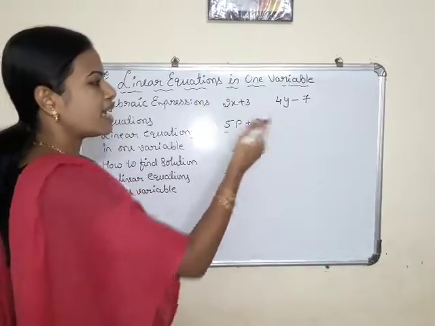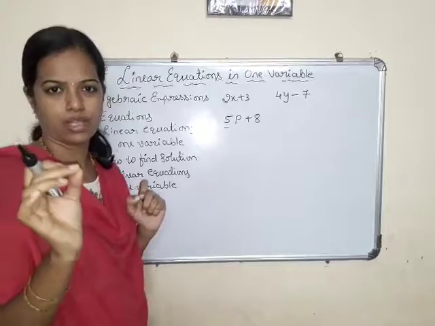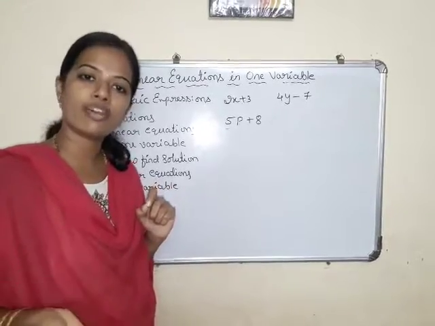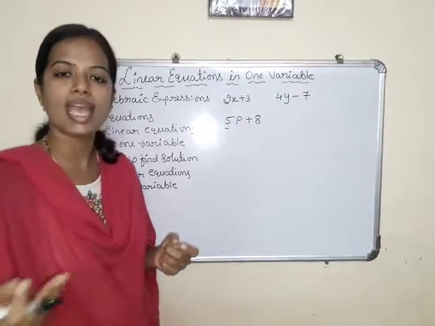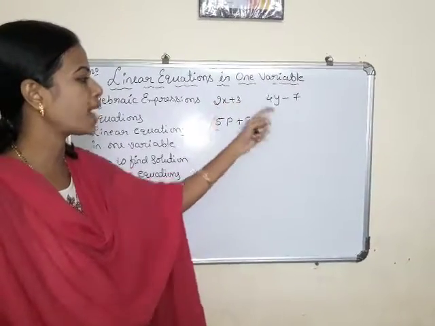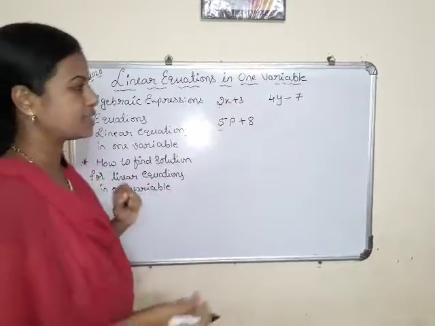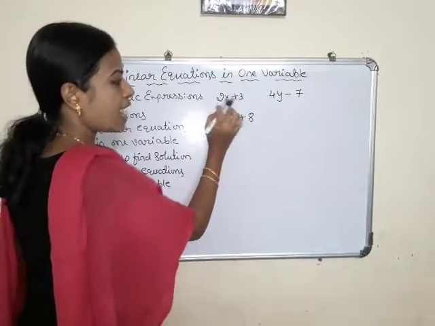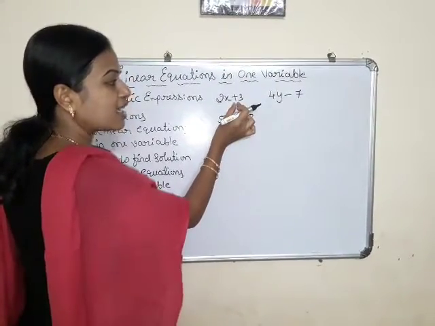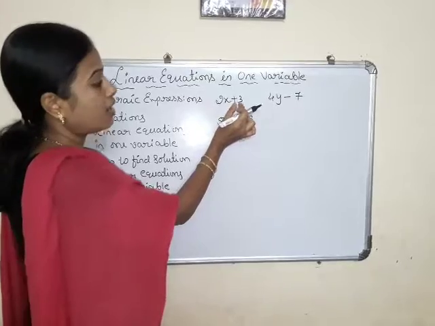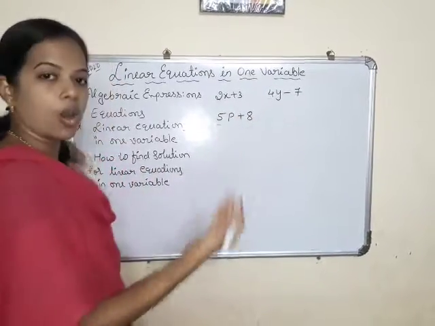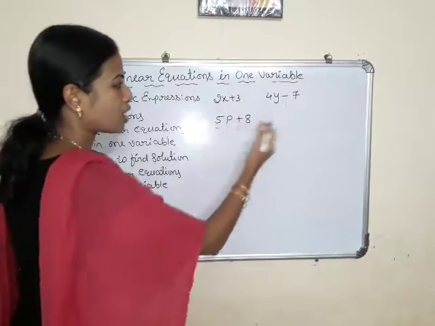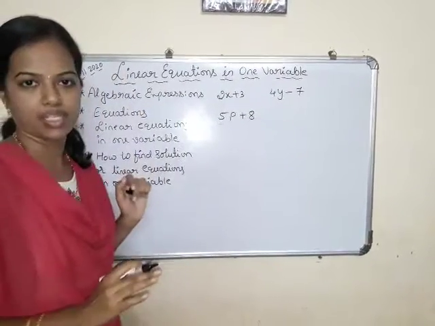Any alphabet can be a variable. Here you can take A, B, P, M, N. Here I took X, Y, P. These variables and constants are connected with mathematical operations, that is plus, minus, multiplication or division. So these are called algebraic expressions.